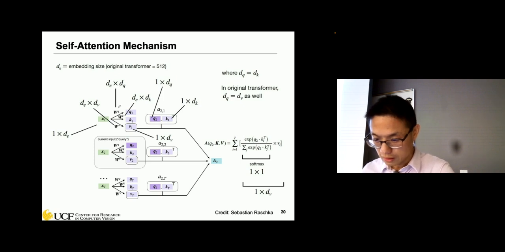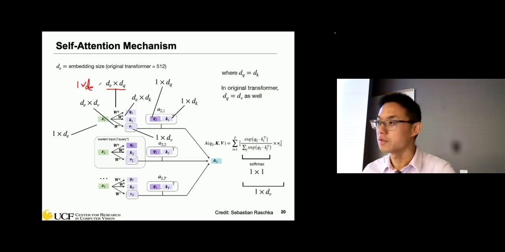Your weight matrices here, because you multiply X with WQ or WK, have distinctive dimensions. DE multiplied by DQ is the dimension of WQ. In this case, you multiply with xi, which is 1 times DE, so the dimensions of the matrices match.